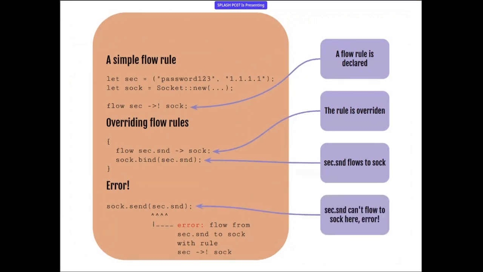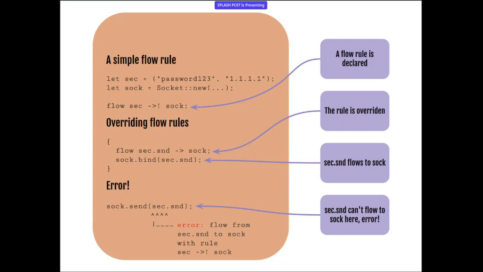There's a few interesting things happening here, and this is really why overriding is so cool: we just get to reuse the existing lexical scoping mechanisms of the language to do potentially dangerous operations, and then after we've done the dangerous operations, just end the lexical scope and go on to do safe operations that are verified to be safe by the IFC system.